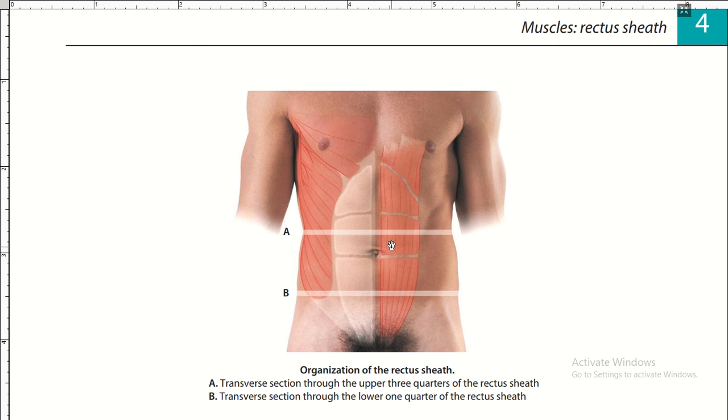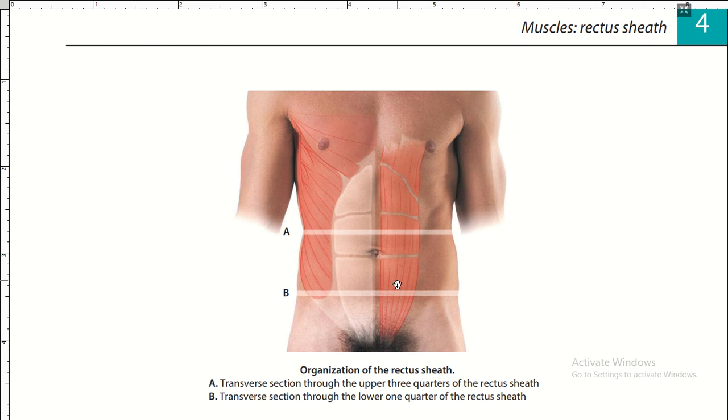Right. So right here, this is your rectus abdominis muscle. We are going to have two cross sections. We're going to see the cross section at this point A and compare it with the cross section at this point B. Good, so take note of this.